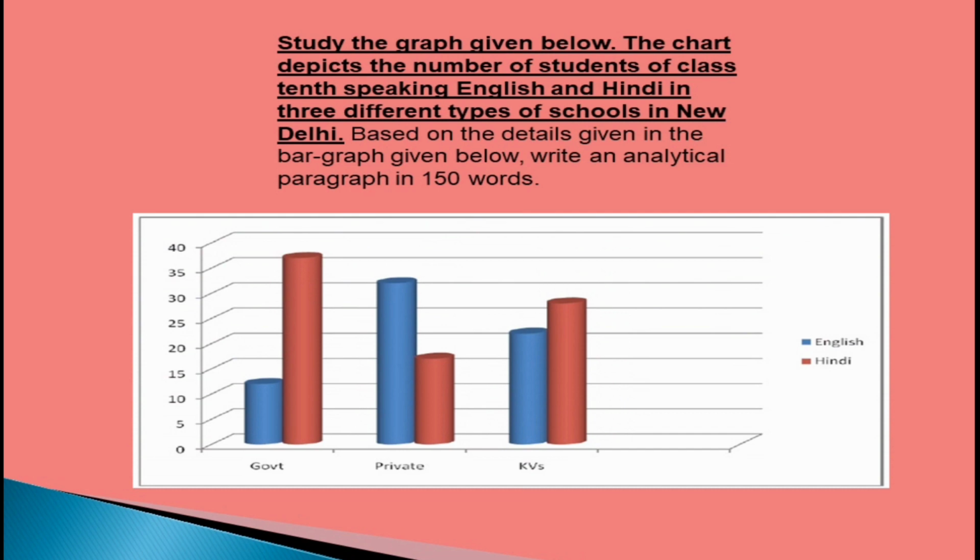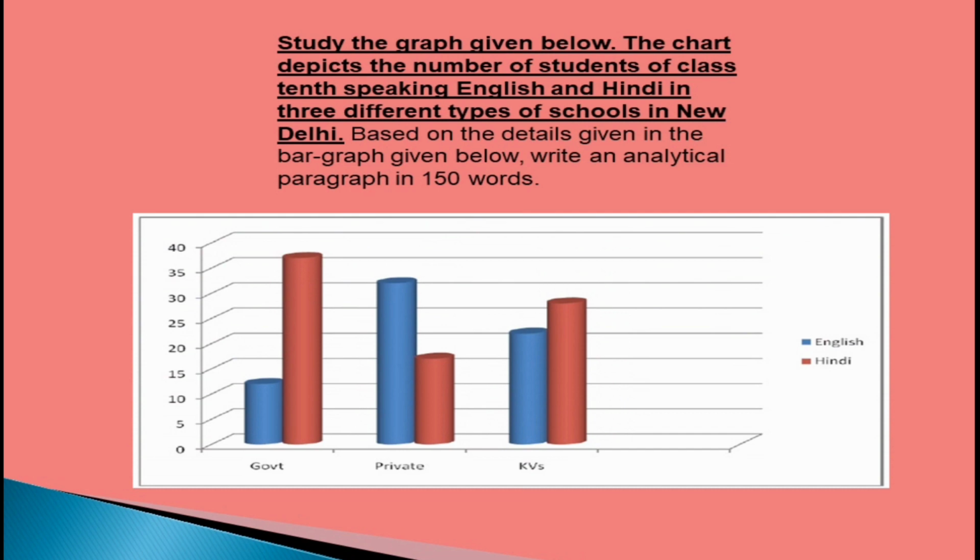Based on the detail given in the bar graph given below, write an analytical paragraph in 150 words. So dear students, as you can see, we have to write a paragraph. That means you have to analyze this topic and you have to write 150 words.